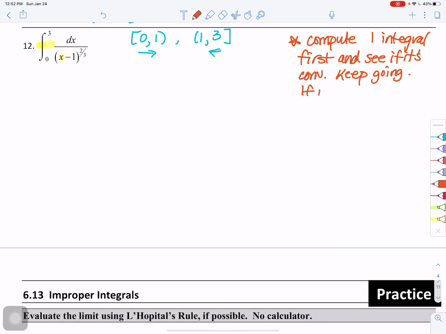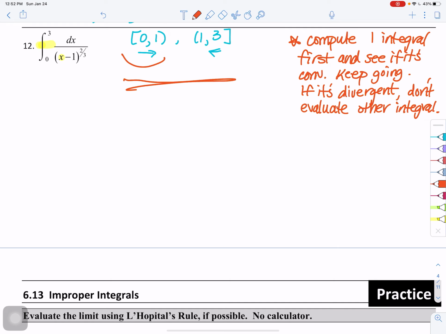If it's divergent, you don't have to do the other. Don't evaluate the other integral, because once one integral is divergent, the whole thing is divergent, okay? So, just depends on what we get, okay?